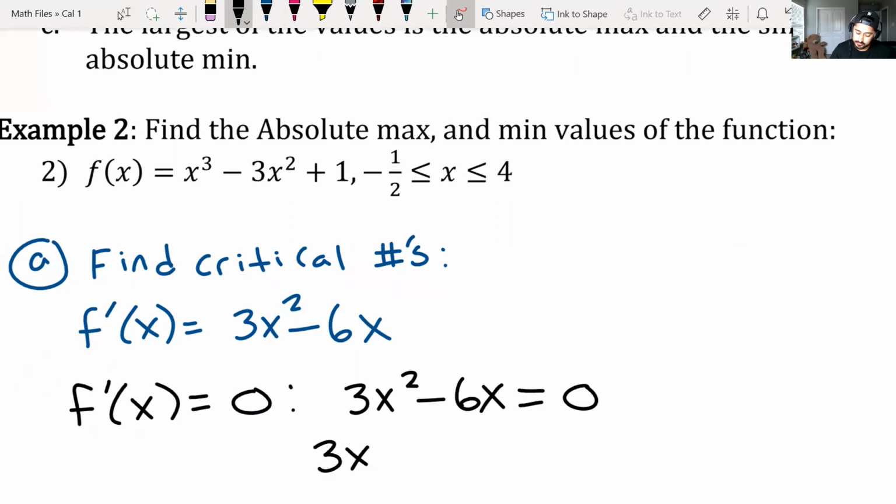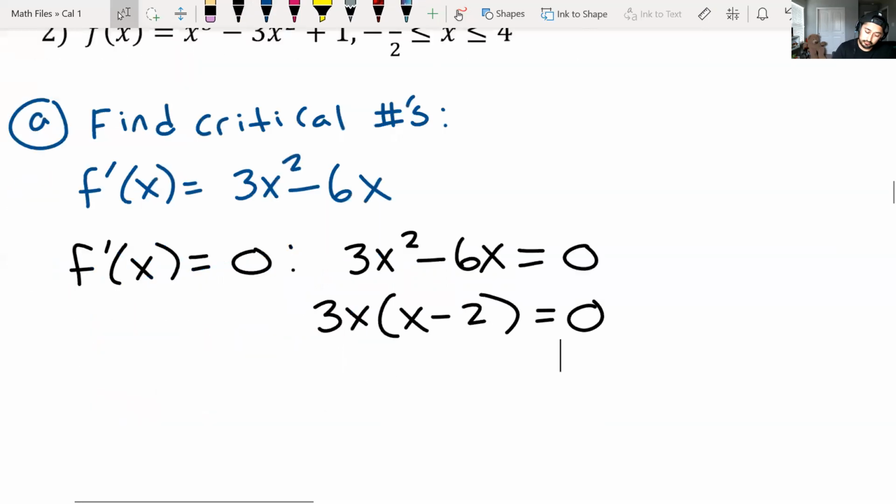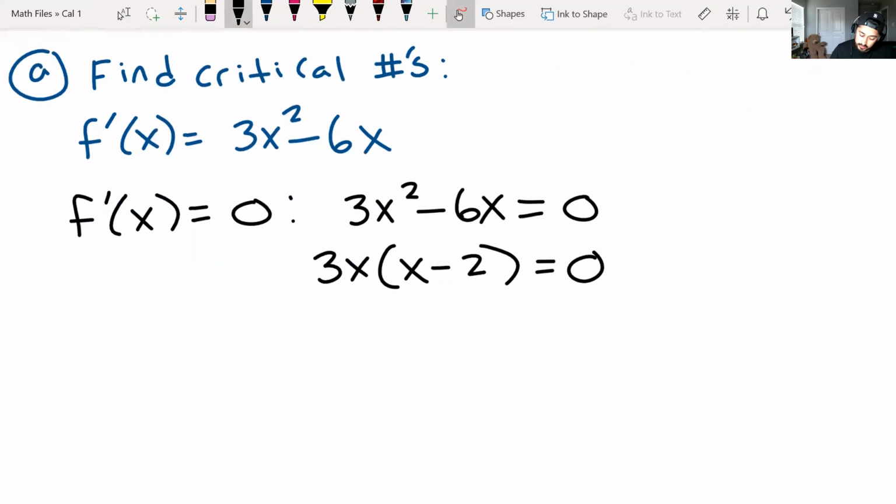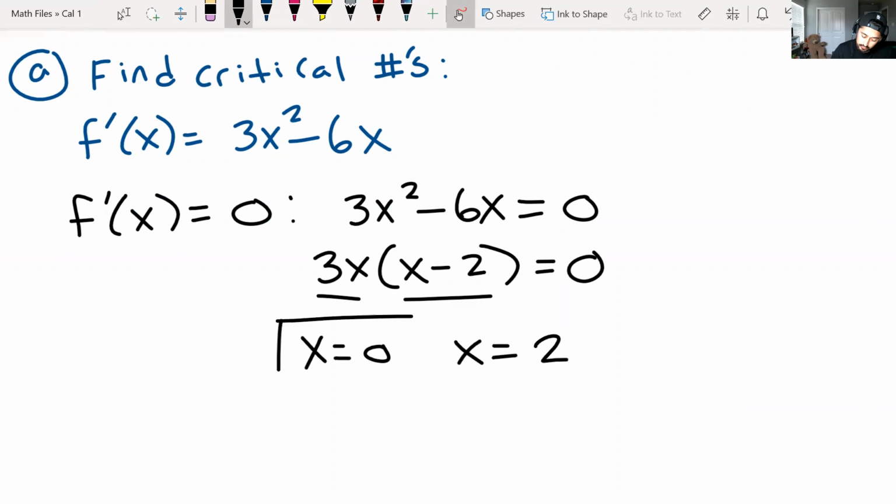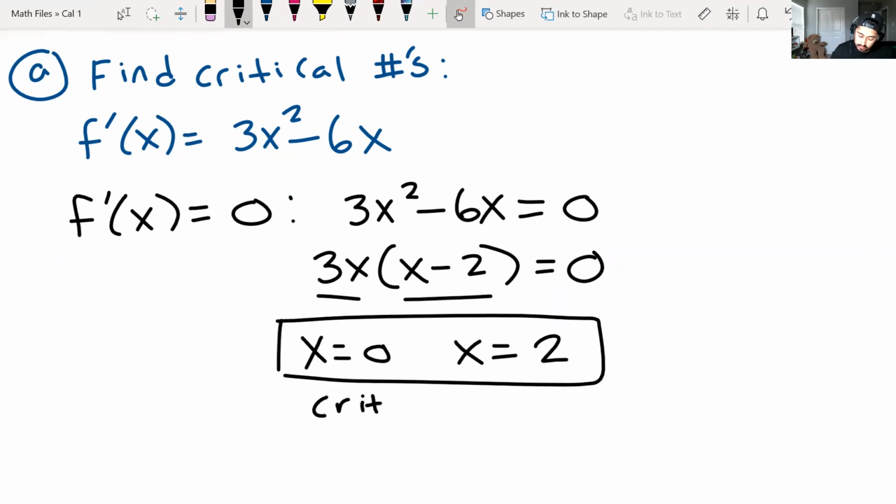Factor out 3x, that leaves me with x minus 2 equal to 0. Then set both of these equal to 0, and I'll get x equals 0 and x equals 2. These are my critical numbers.